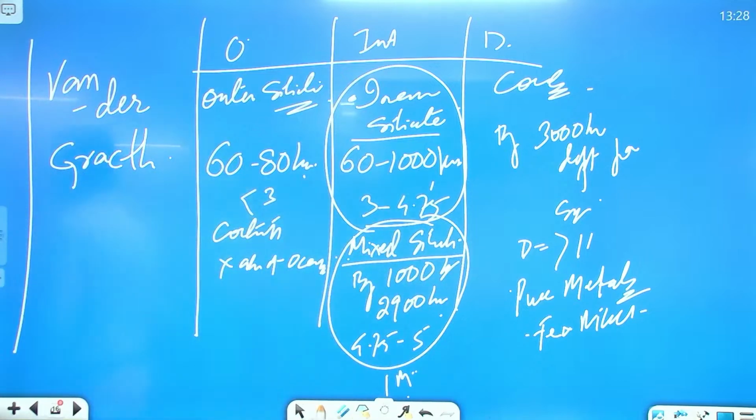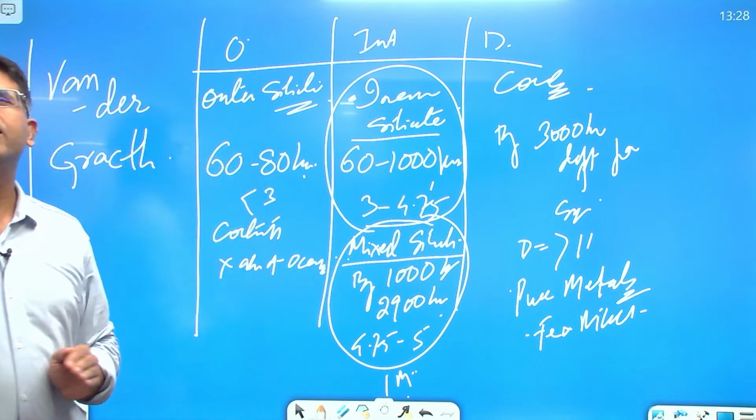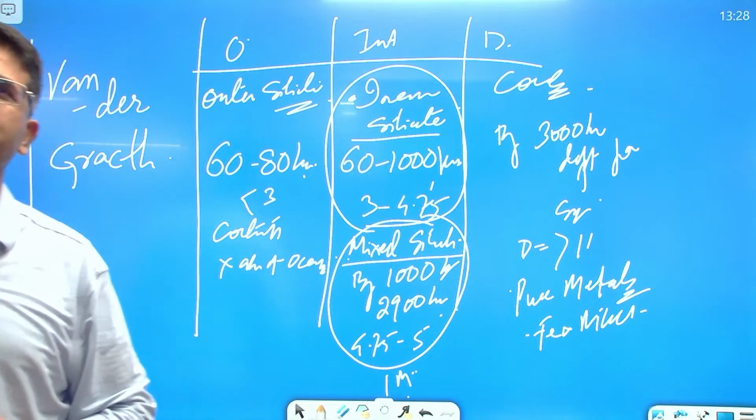If you can see, Van der Graaf's model is closest to our contemporary model. Whatever we know today in terms of the core, mantle, crust, and lithosphere, asthenosphere, ये सबसे पास उससे है. The closest one that we have in its approximations.